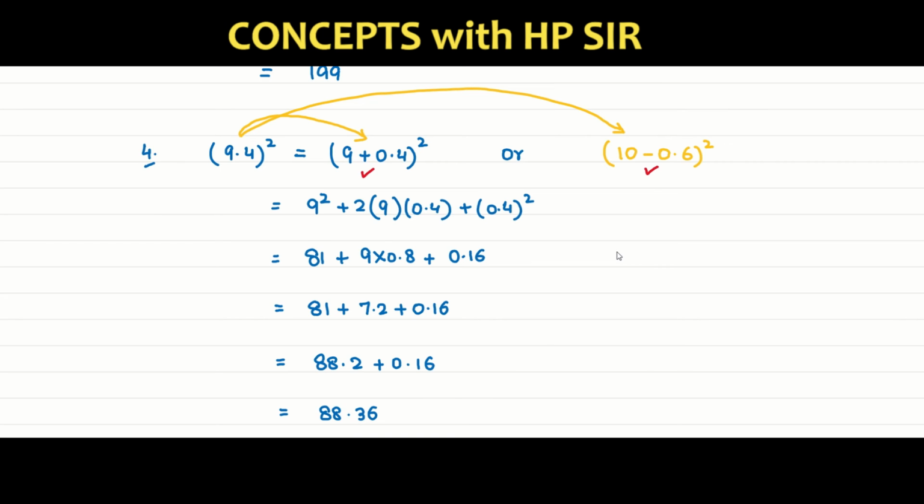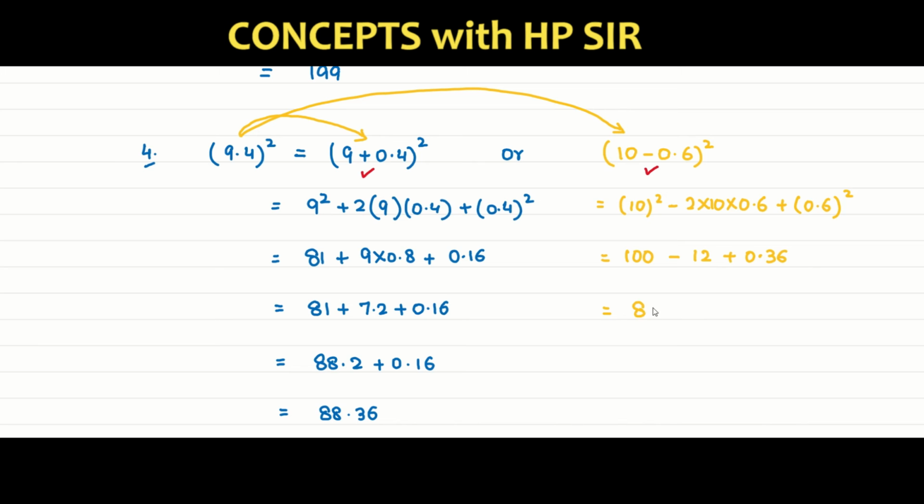Now solving it with the second method, when we write it as 10 minus 0.6, you will get square of 10 minus 2 multiplied by the first term, that is 10 multiplied by 0.6, plus the square of 0.6, so equal to 100 minus 12 plus 0.36.